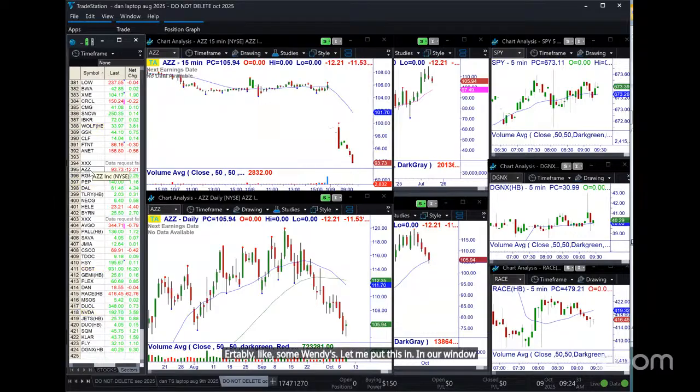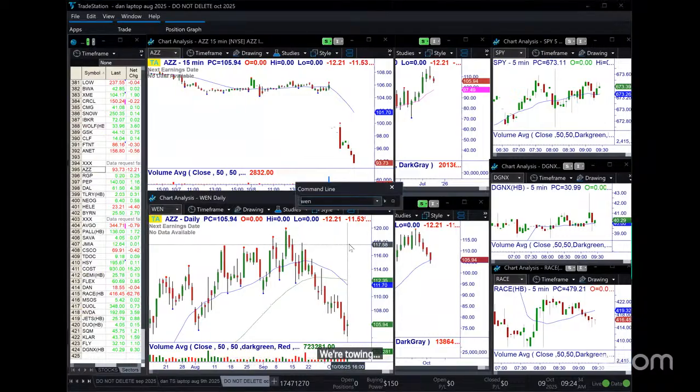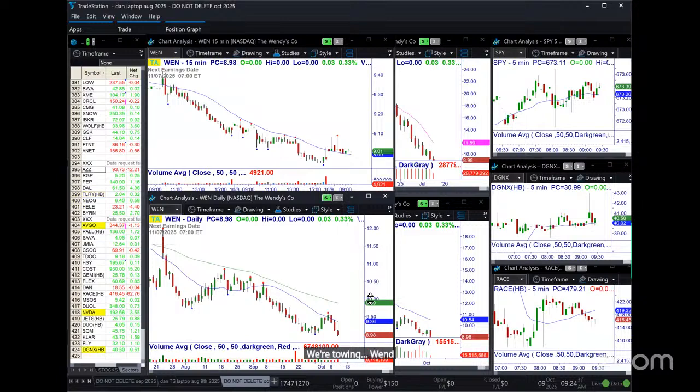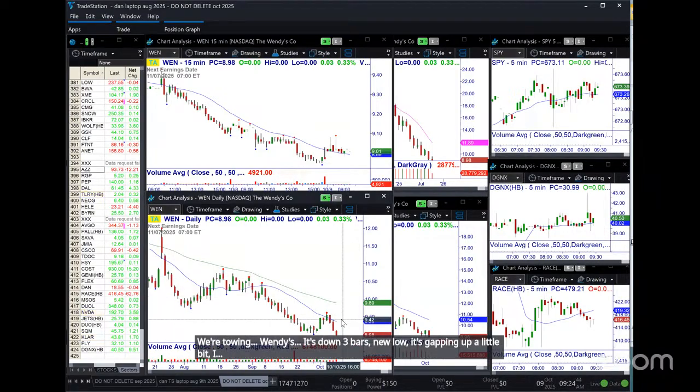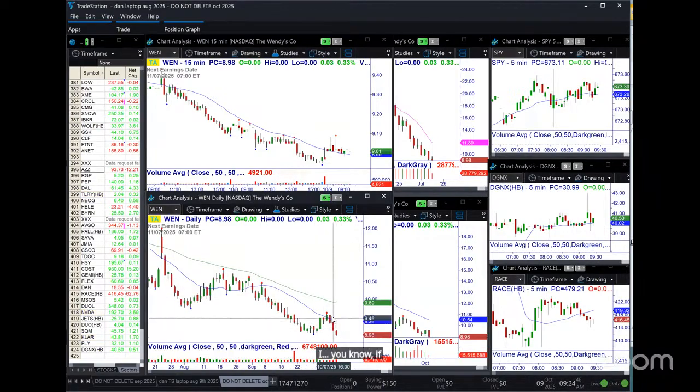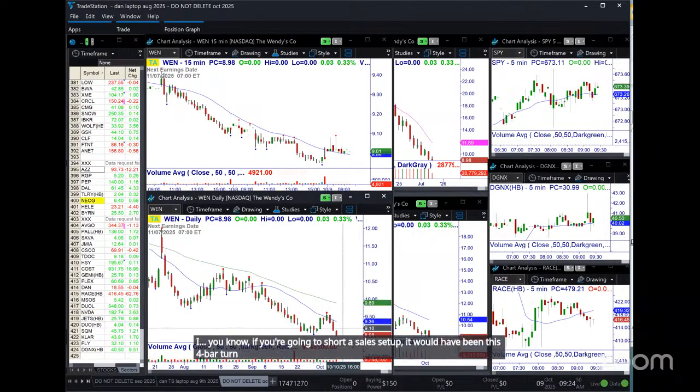AZZ. Arteli. Wendy's. It's down 3 bars, new low. It's gapping up a little bit. You know, if you were going to short a sell setup, it would have been this 4-bar turn at the 20. You're late, so I'm not crazy about that.